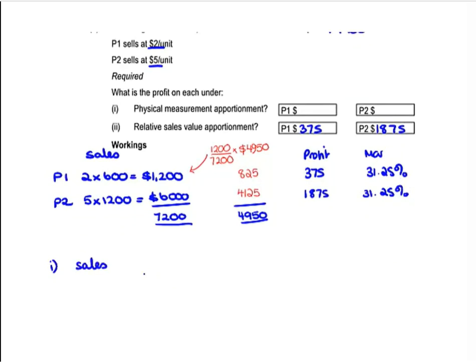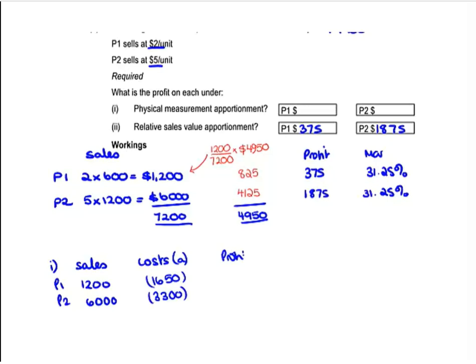Well, we'll still have the same sales value for each of the products because it's $2 for P1 and $5 for P2. The cost that we calculated in part A were 1,650 for P1 and 3,300 for P2.